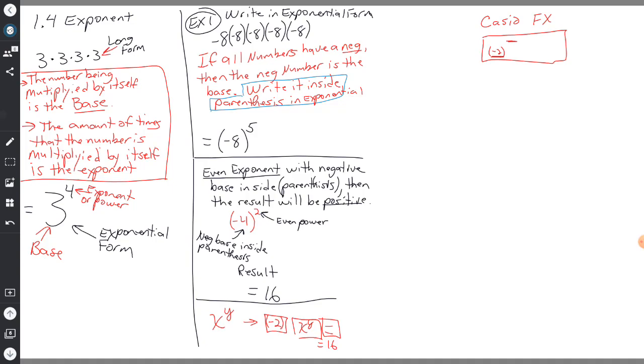Let's say if it was 7, you put it in. So the Casio calculators are much easier to use than the Texas Instruments calculators.